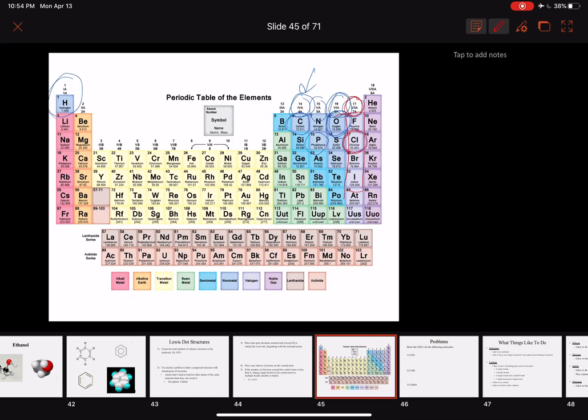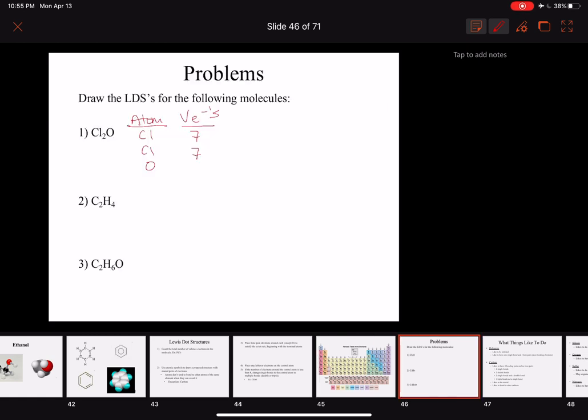So chlorine, each of those is going to provide 7 valence electrons for this structure. And oxygen is right here, and that brings along with it 6 valence electrons because it's in group 6A or group 16. So we have 7 plus 7, which is 14, plus 6, which is 20. So we have 20 valence electrons available. Now, one of the hints was that atoms of the same element don't like to bond to each other if they don't have to.